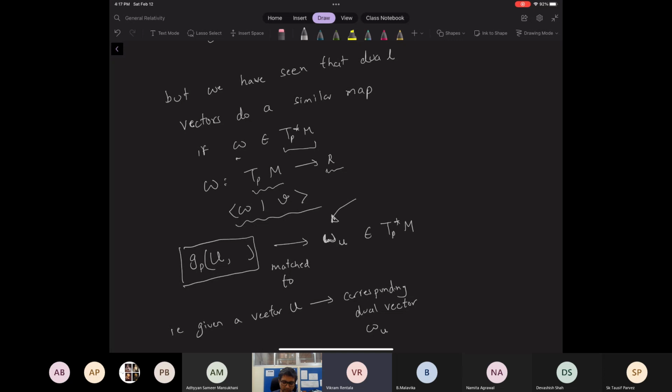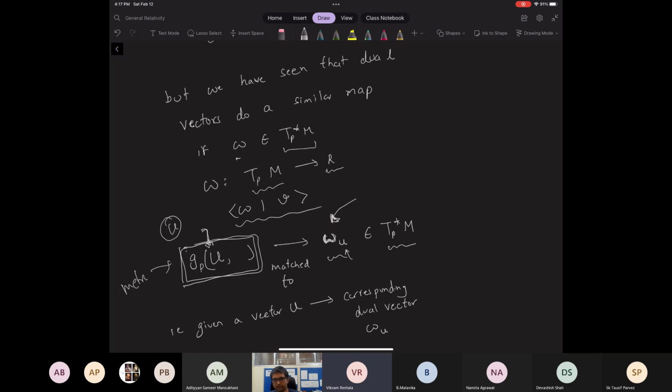Given a vector U and a metric, you've got an operation which acts on vectors, and this operation does exactly the same thing as a corresponding dual vector which belongs to T_P star M. So you can say that this particular object is a dual vector, and whatever this dual vector is, we'll call it omega_U, to recognize the fact that it corresponds to the vector U.